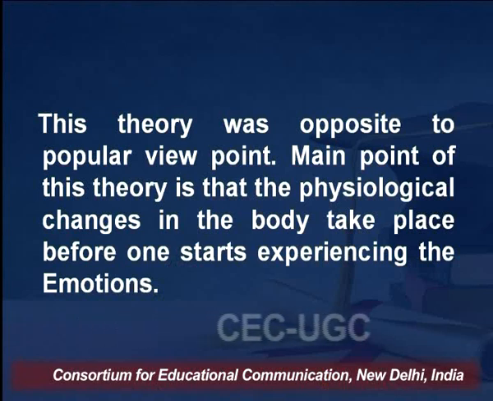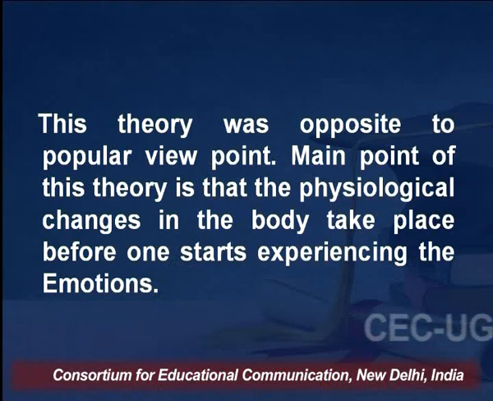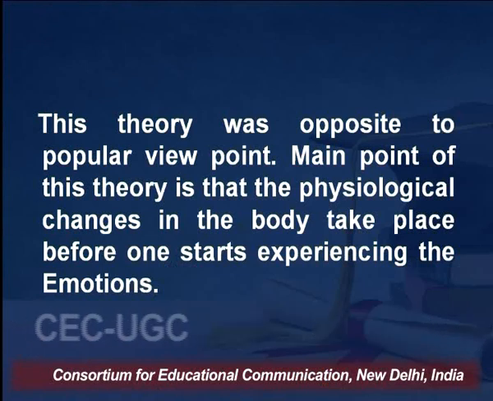Further, they wanted to prove that this theory was opposite to the popular viewpoint. How? The main point of this theory is that the physiological changes in the body take place before one starts experiencing the emotions.